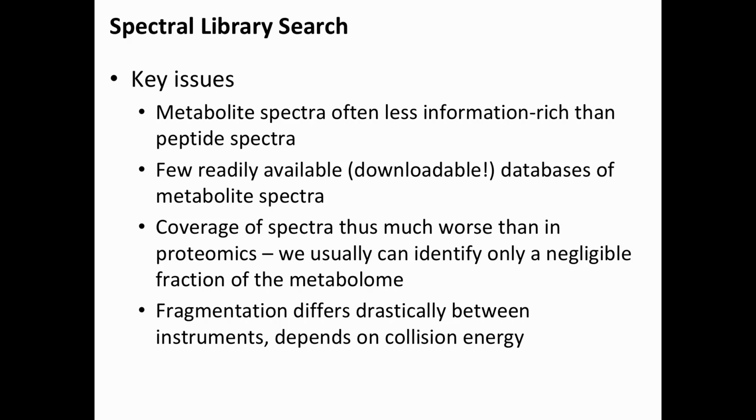Spectral library search has a few issues, and the first issue is of course that the metabolite spectra are often less information rich, and not all the databases are readily available. But there's also another issue: not all of these compounds are available.